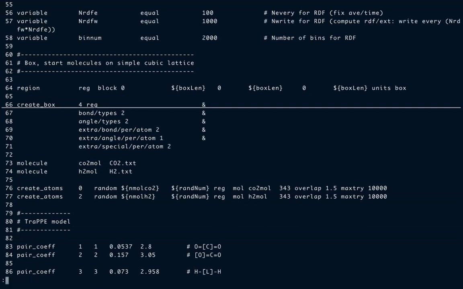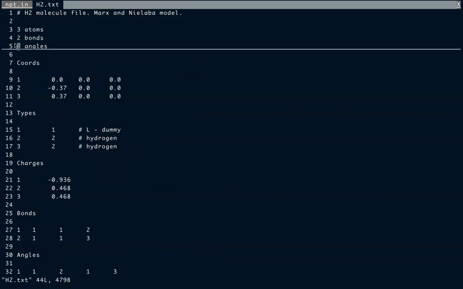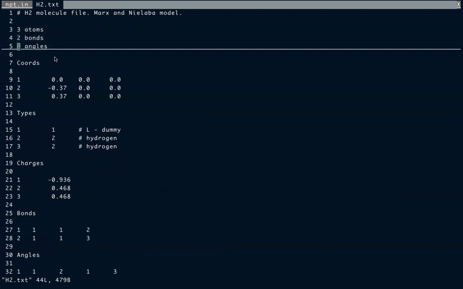Now, that was for CO2. Now let's do this for hydrogen as well. Once again, hydrogen is simulated with the Marx and Nelabah model. You know that hydrogen contains two atoms. And here in the Marx and Nelabah model, you once again have three atoms, two bonds and one angle. It's exactly similar to CO2.